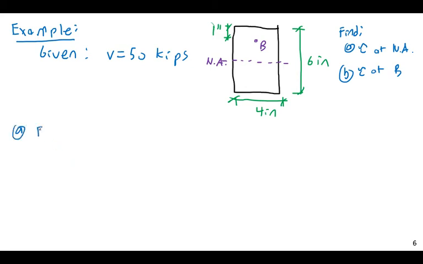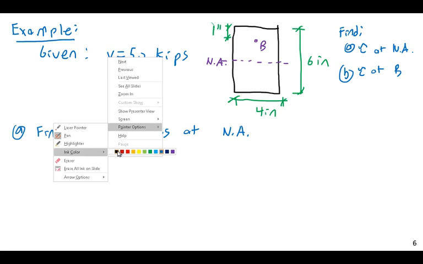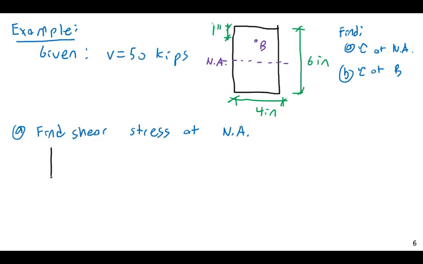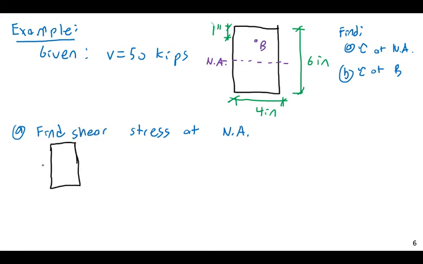Find the shear stress at the neutral axis. All right, so I am going to draw the beam and be cognizant that we're interested for the calculation of Q in the portion of the beam above the point that we're interested in the stress at. So here's the neutral axis here.